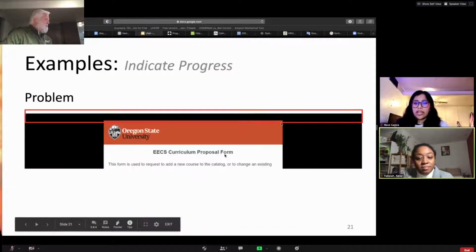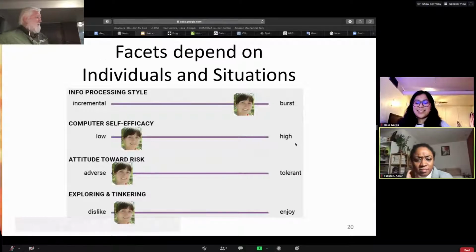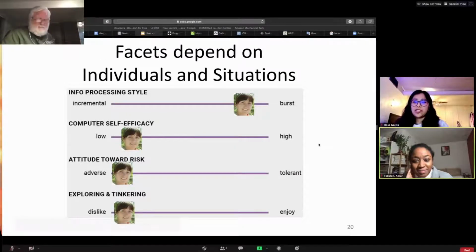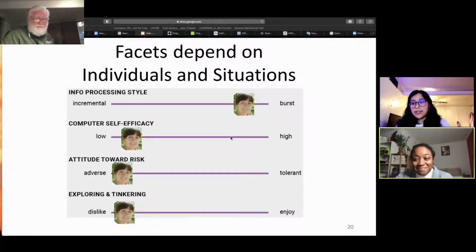These can also change based on situations and times. For example, I tend to be more of a Tim, but if I'm taking my final exam on Canvas and I see that there's a submit button at the bottom, I'm going to be very, very, very risk averse and really careful not to hit that submit button before I want to.